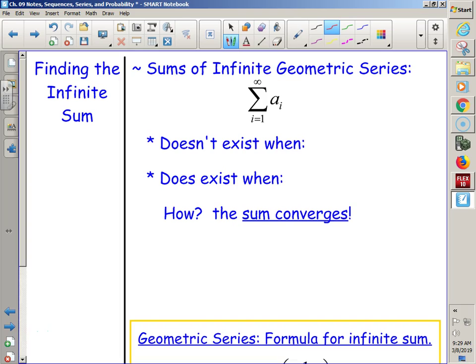Let's keep going. Do you guys remember from section 9.1 something to do with an infinite sum that actually equaled a number? And something to do with repeating decimals?